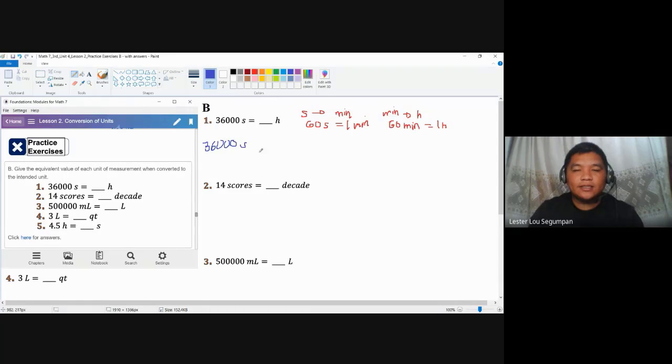So we'll have here 36,000 seconds multiplied with, again, dimensional analysis allows us to use these conversion factors in a fractional form, in such a way that we could remove the seconds. So we'll have 60 seconds, because if we place minutes here, we can't cancel this out. And you have 1 minute, times the next one, 60 minutes and 1 hour.